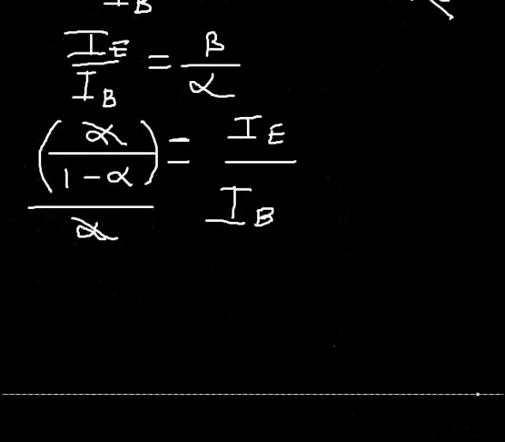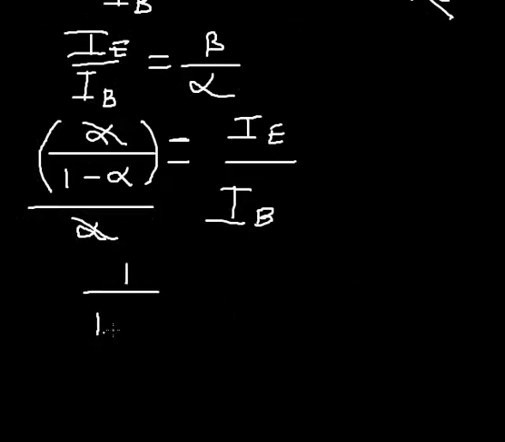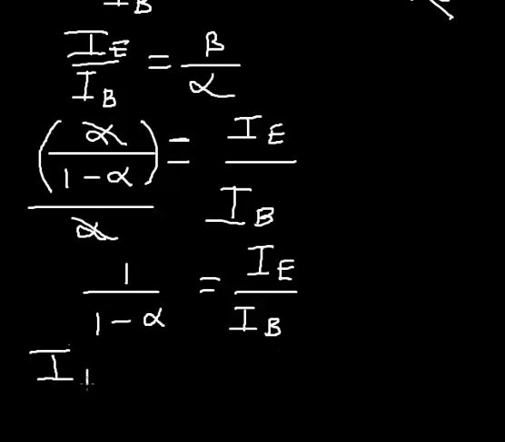So you now have 1 over 1 minus alpha equal to IE over IB. If I cross multiply now, I can establish a relationship: IB is equal to 1 minus alpha, bracket open, multiplied by IE.